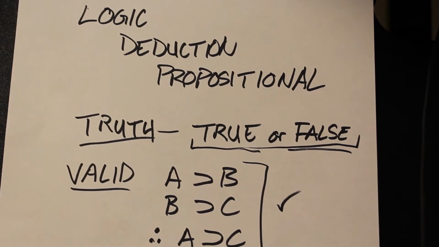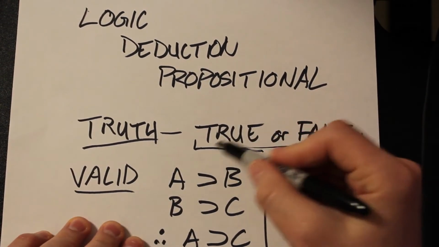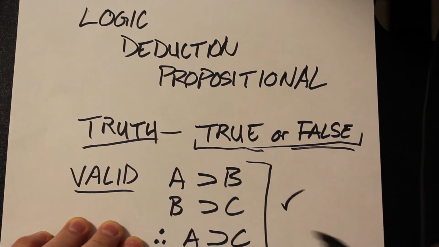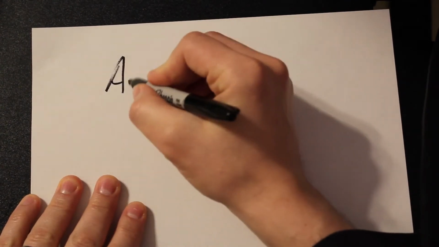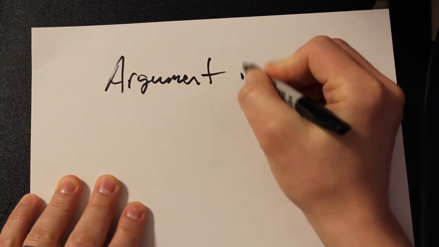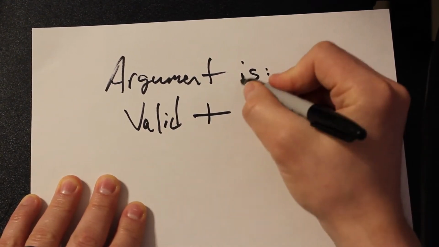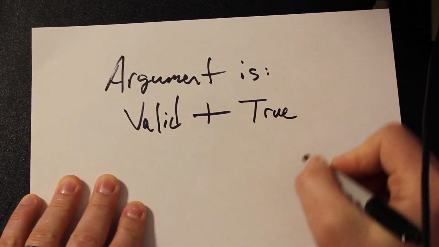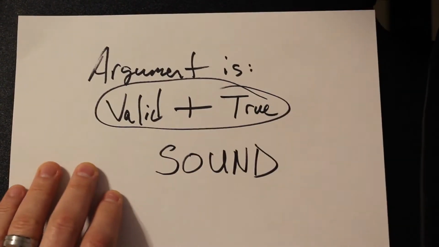Now you independently would then have to go and check the individual true or false values of A, B, and C to be able to determine what the meaning is behind each of these. So then, given that an argument is valid and also true, both of those together are what we call a sound argument.